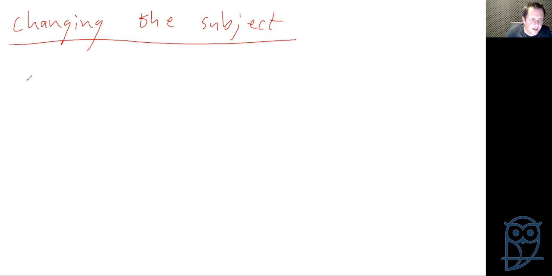So if I give you a nice simple equation, V equals U plus A times T. This is an equation from science, particularly from physics, it's one of your equations for linear motion. That sort of thing you don't need to worry about.